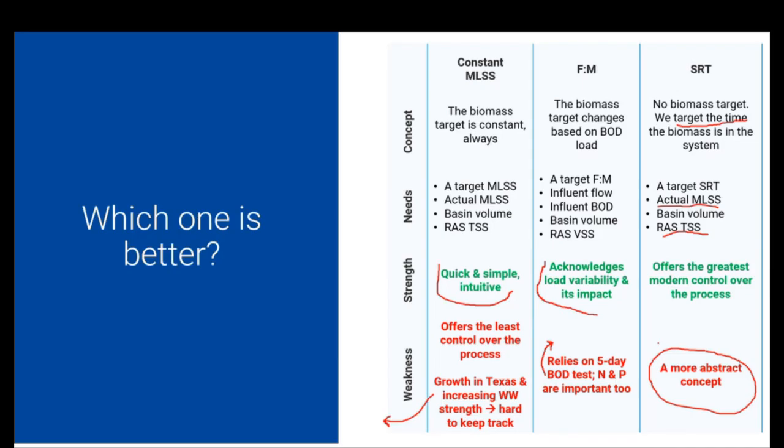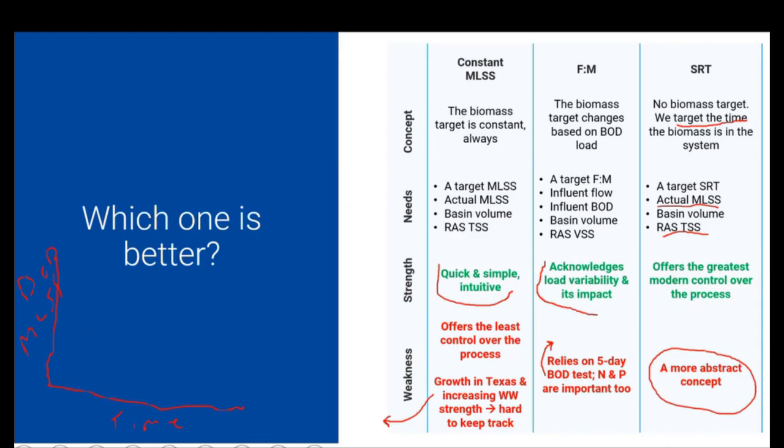It would. So what's going to happen, Jonathan, if you're getting hit with slugs of BOD, let's say this is a really bad graph. Let's say this is time on the bottom, and this is BOD, and we'll say this is MLSS.